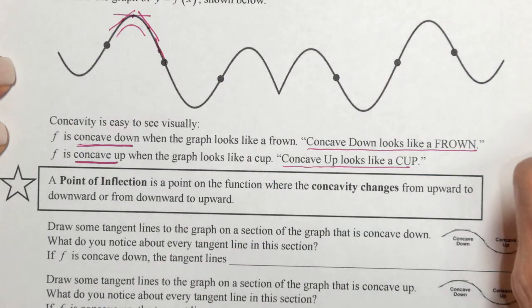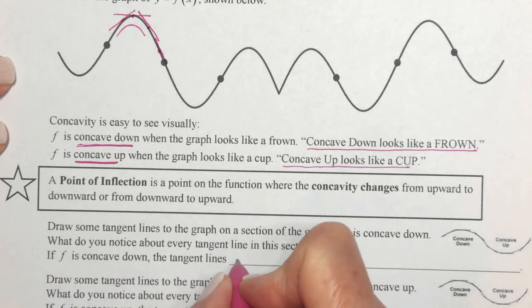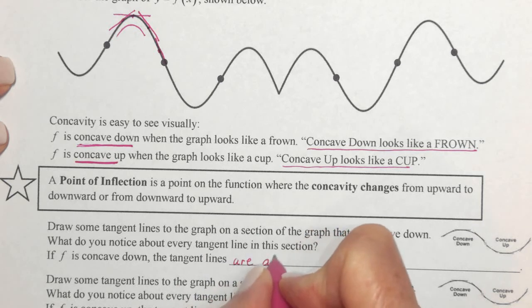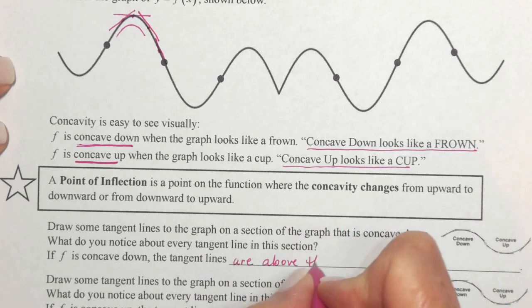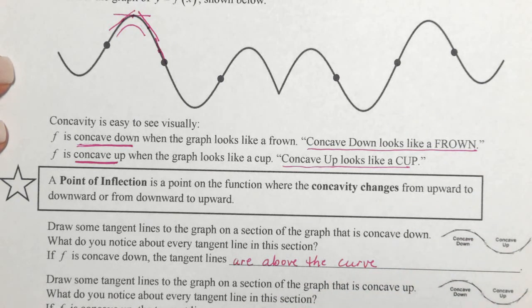And so forth, okay? So what do we notice about the tangent lines where the curve is concave down? If f is concave down, the tangent lines are above the curve. So the tangent line would be above the curve on any concave down section of the curve.